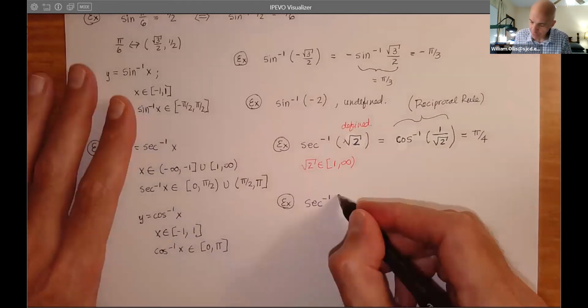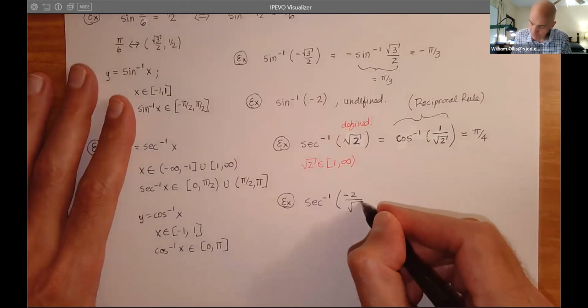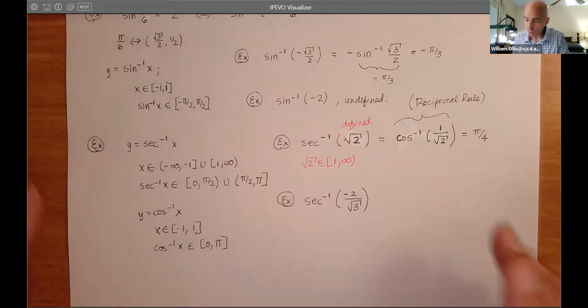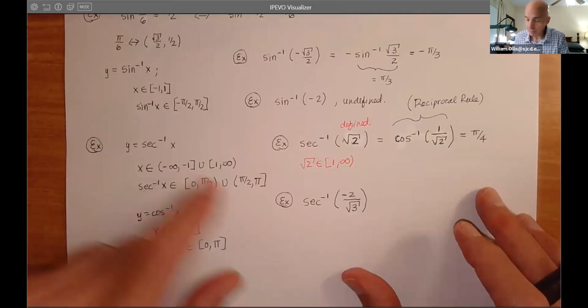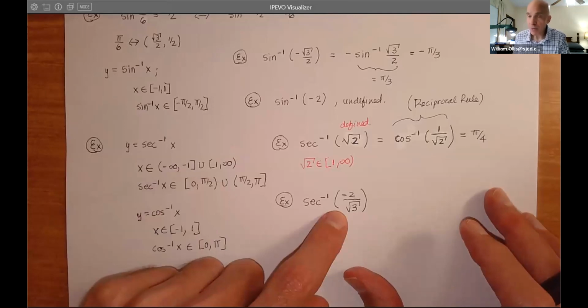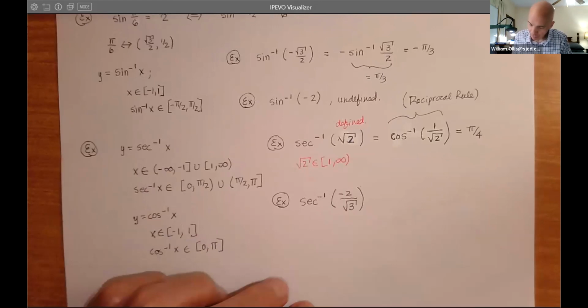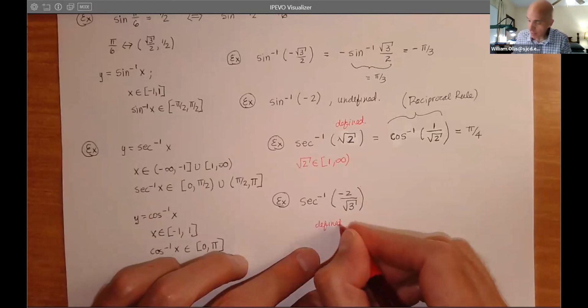So we'll do -2 over root 3. Of course, -2 over root 3 is less than -1. So this makes sense, being that 2 is bigger than the square root of 3. So this is defined. If you're going to make up problems, you can just make sure that they're defined.